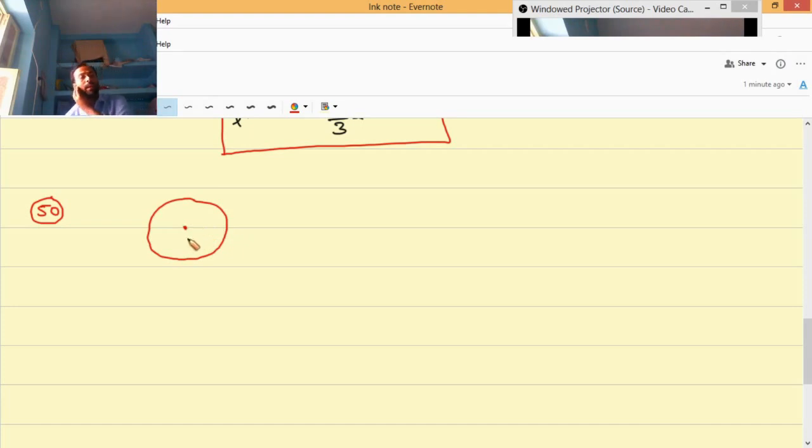Now if we consider the central point at this particular position, since we are required to find the time period, we need the value of the moment of inertia.